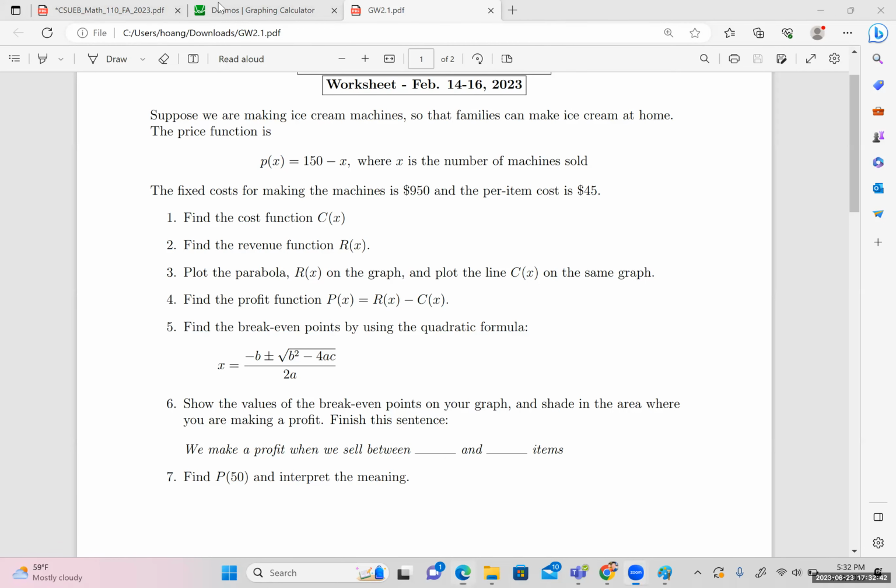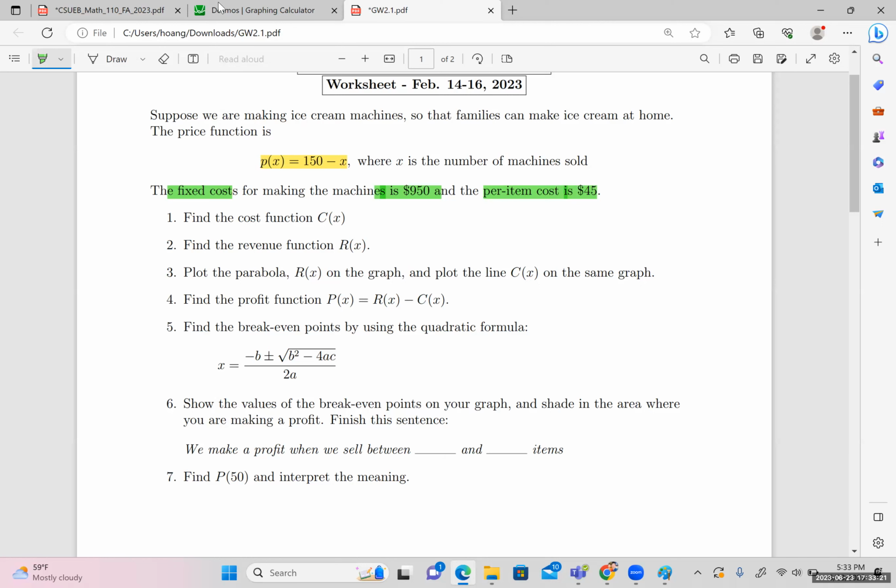We are just given the K that's having the function of price, price in terms of demand, and from there we also are given the fixed cost is $950, and the per item cost is $50.